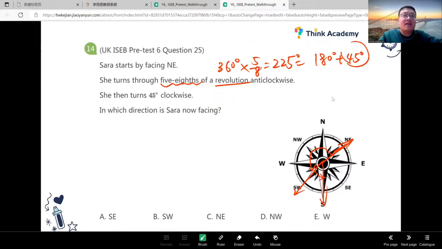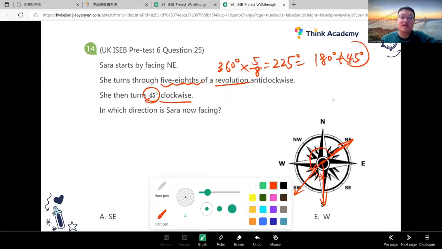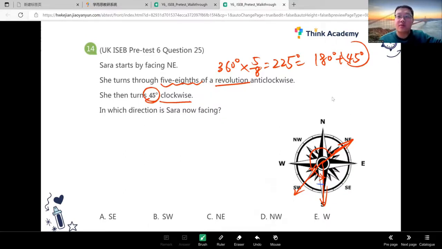And then she turns 45 clockwise. That means we're going to change our direction, so we go back to this direction. This will be the final direction that we face, which is southwest. Southwest is the SW, so you choose B.